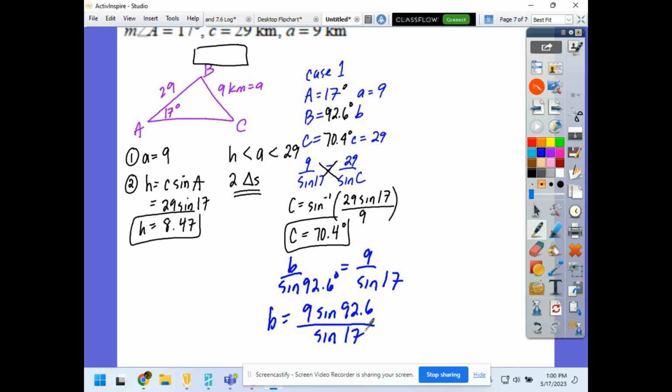So 9 sine 92.6 over sine 17. That gives us B. It's approximately 30.8 km.